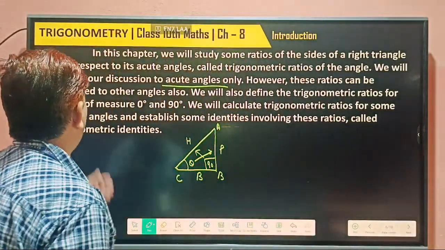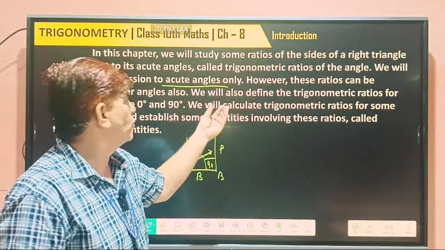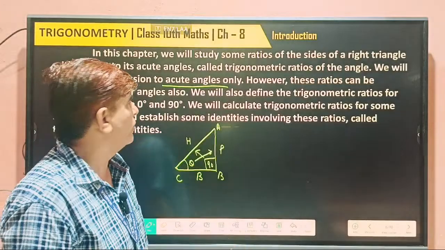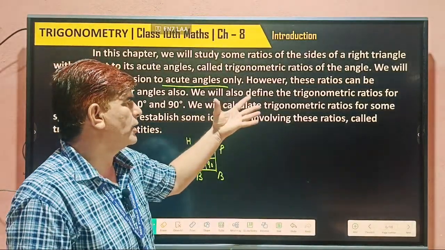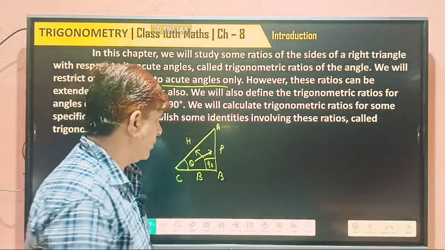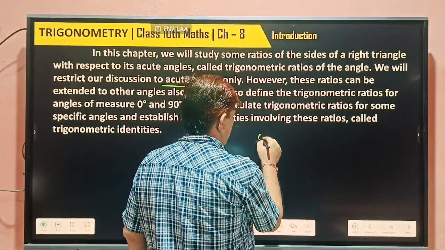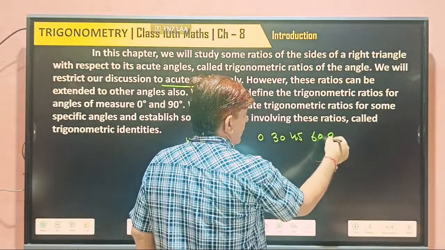However, these ratios can be extended to other angles also, meaning right angles and obtuse angles. We will define the trigonometric ratios for angle measures 0 and 90. We will calculate the trigonometric ratios for some specific angles like 0, 30, 45, 60, 90.